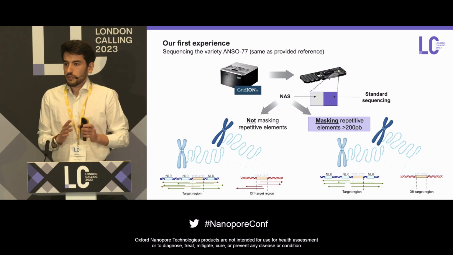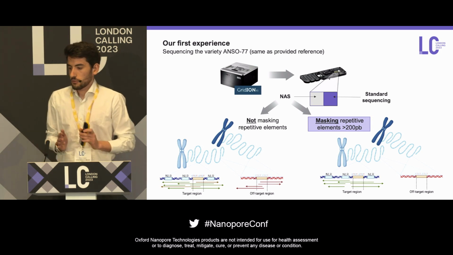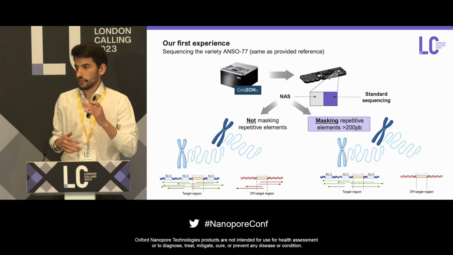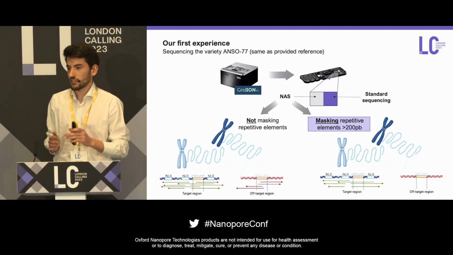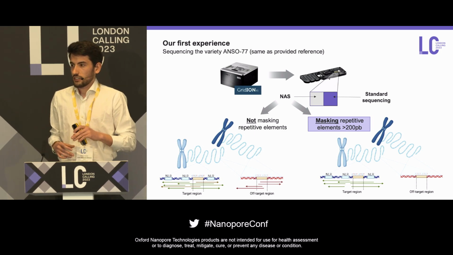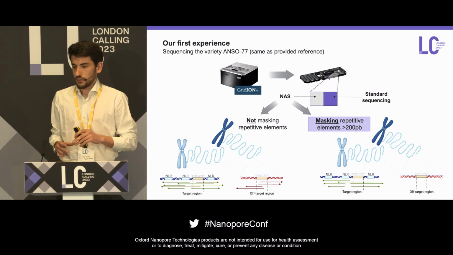And we performed, in fact, two types of experiment. In one, we provided a bed reference with just the 15 clusters. And in the other, we masked the repetitive elements that are inside these clusters of genes.